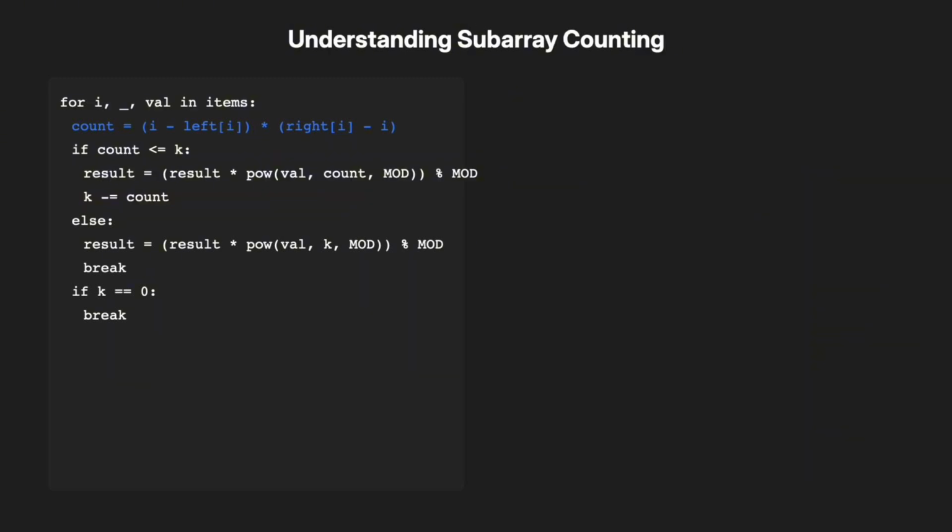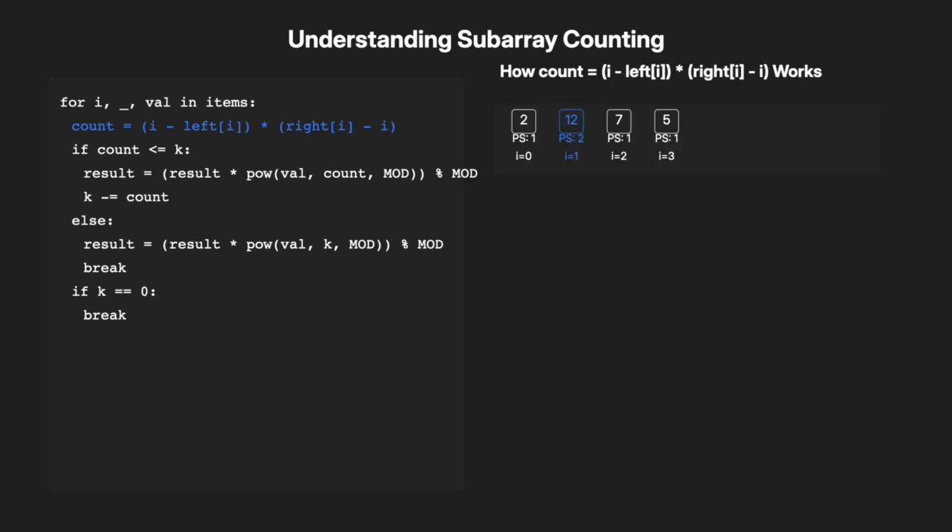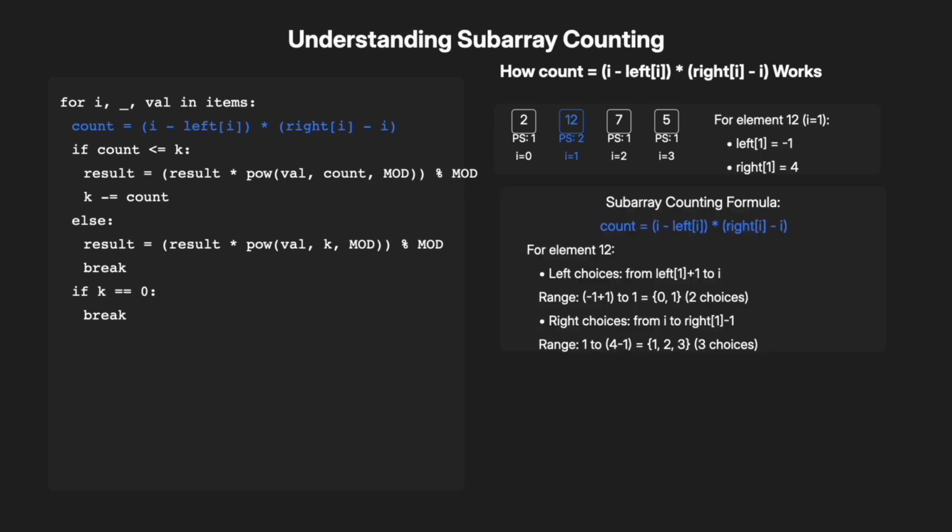Let's look more closely at how we count subarrays. The formula count equals (i minus left[i]) times (right[i] minus i) gives us the total number of subarrays where an element has the highest prime score. For element 12 at position i equals 1, with left[1] equals -1 and right[1] equals 4, we have 2 options for the left endpoint, positions 0 and 1, and 3 options for the right endpoint, positions 1, 2, and 3.